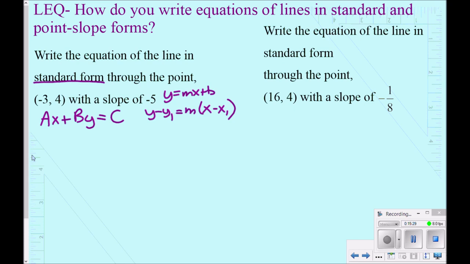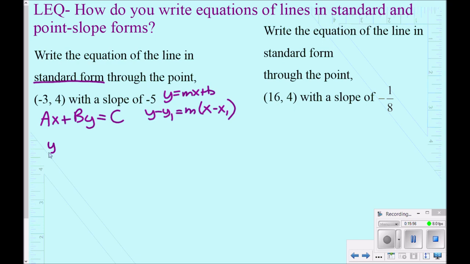So what I suggested in class was y equals mx plus b is the one that most students are familiar with. To get you more familiar with point slope form, I would suggest you do the homework using point slope to get some more practice. So I'm going to do this one with point slope. And the next one, same thing, we're going to use point slope, even though we could use either, for practice.